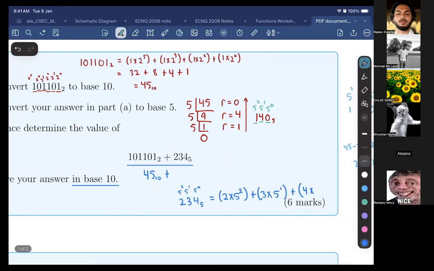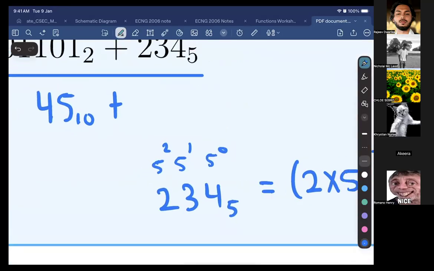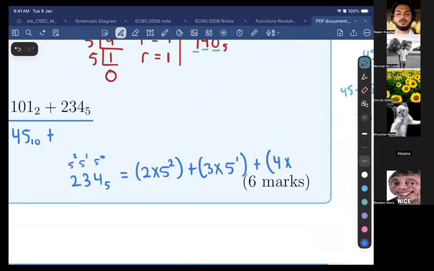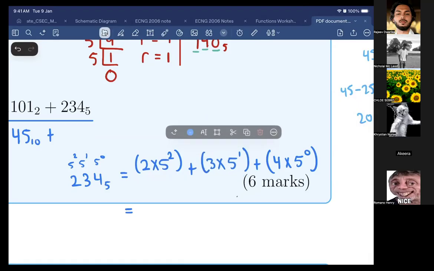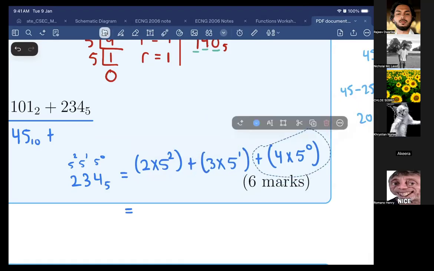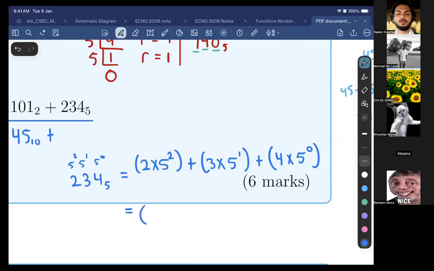Nah. That's 5 to the power 0. Anything to the power 0 is what? 0. Nah, it's 1. It's 1. Yeah. 1. Oh, okay. So let's quickly work this out. So what's 5 squared, guys? 25, sir.